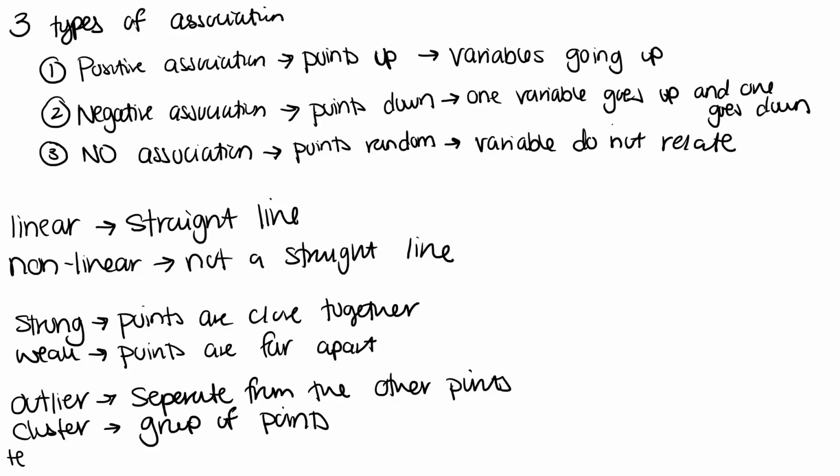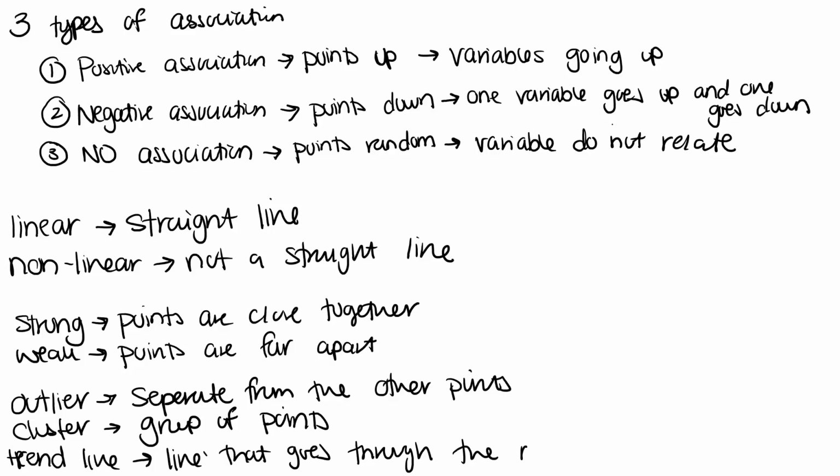And the last word is called a trend line. And it's a line that goes through the middle of the scatter plot. All of these terminologies are words that we can use to describe what is happening in the scatter plot. And we're going to use these vocabulary terms to answer our practice problems in this video.